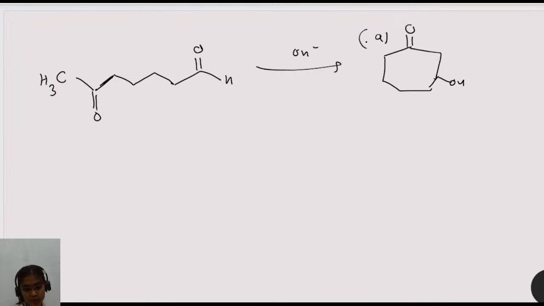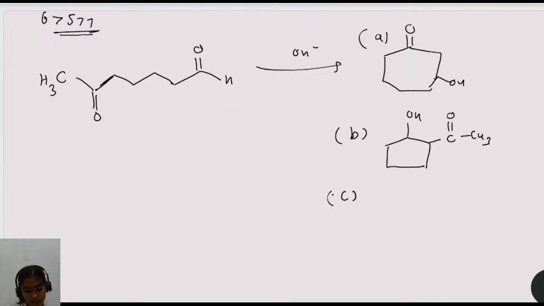This is option number one. And one more thing, six member is more stable, five is more stable, the seven member. Okay, I missed the seven member. Which of the following is the correct answer here?